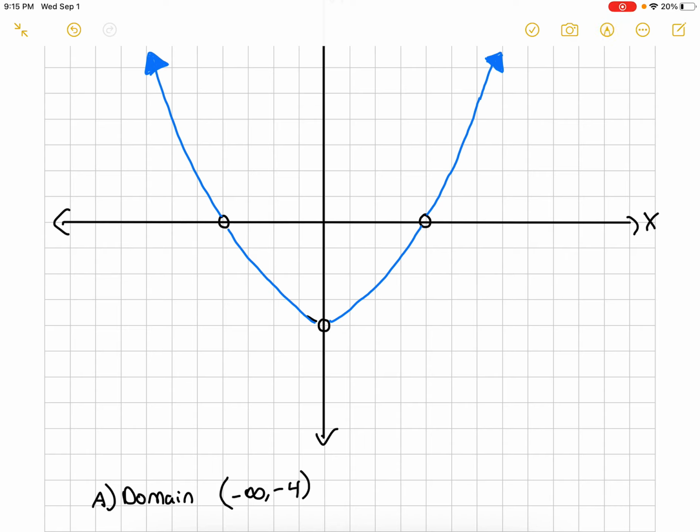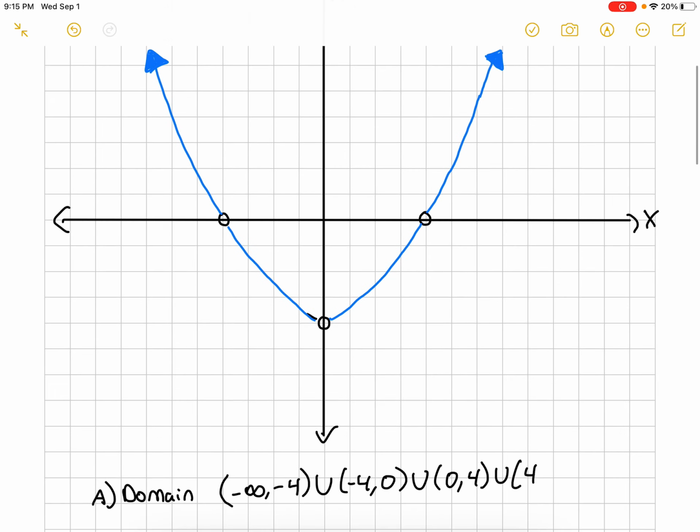Then we're going to pick back up at -4 and we're going to go until we get to the x value of 0. There's a hole there. Then we'll pick back up at 0 and we'll go to 4. There's a hole there. And then we'll pick back up at 4 and go to infinity.